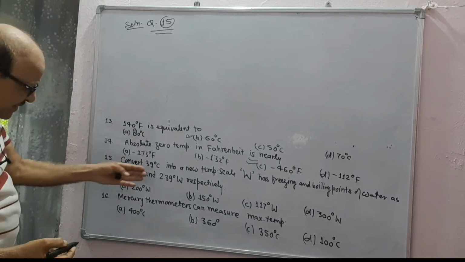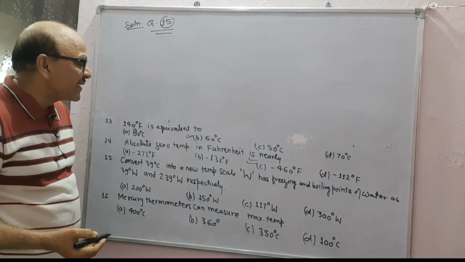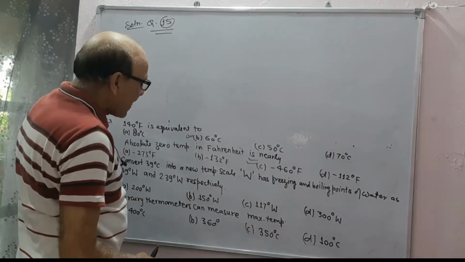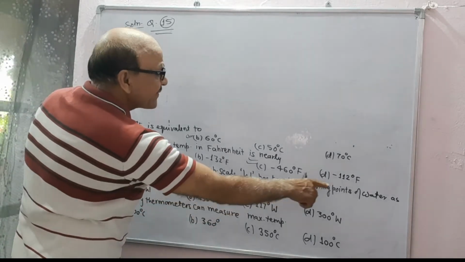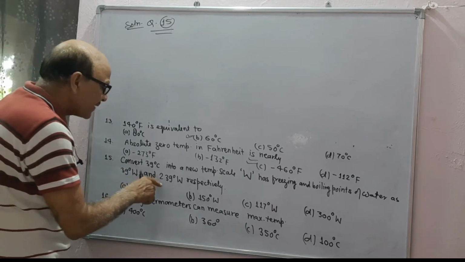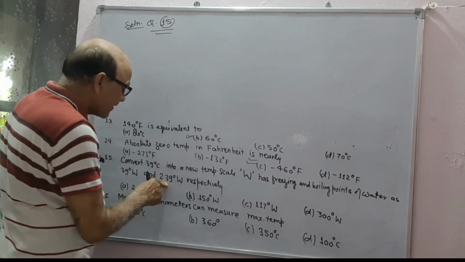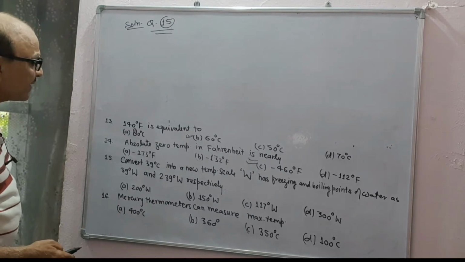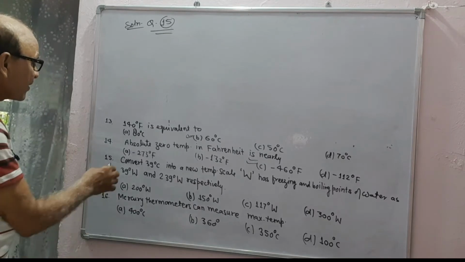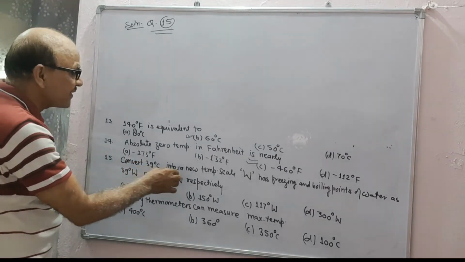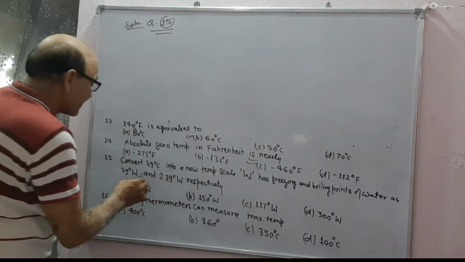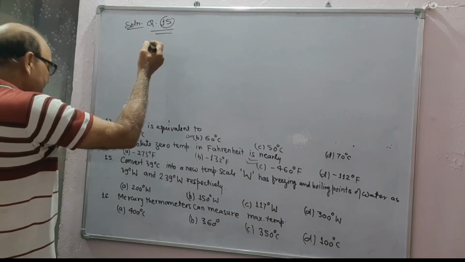Here, this is a new imaginary scale naming W, having freezing point as 39 degree W and boiling point of water as 239 degree W respectively. Convert 39 degree Celsius into a new scale W, having freezing and boiling points of water at this and this much respectively. Solution.